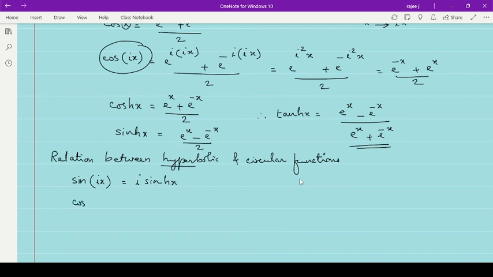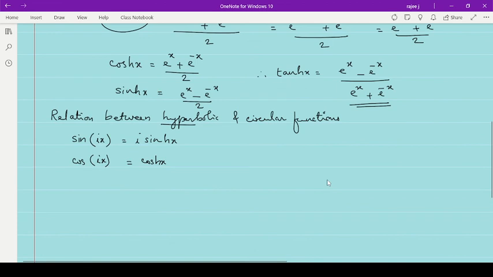Then cos ix is given by cosh x. Cos and sec always remain like this only, there is no i and all. Now tan ix is given by i tanh x. This is the relation between circular function and hyperbolic function. Similarly, cosec ix will be i cosech x, and sec ix will be only sech x, no i here. So cos and its reciprocal don't have any i before that.